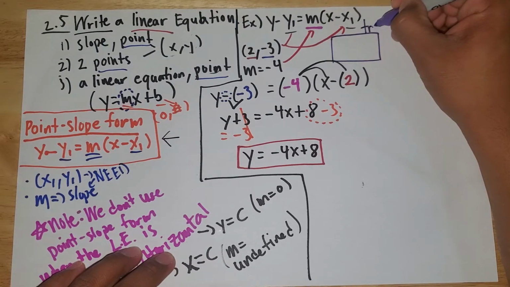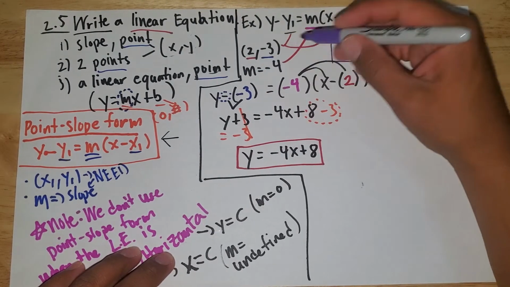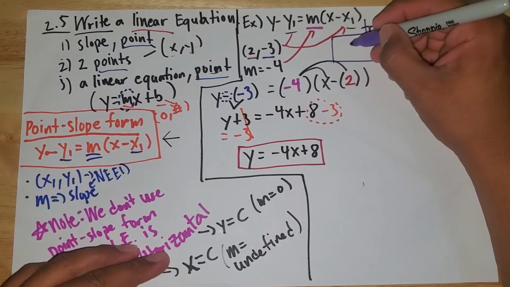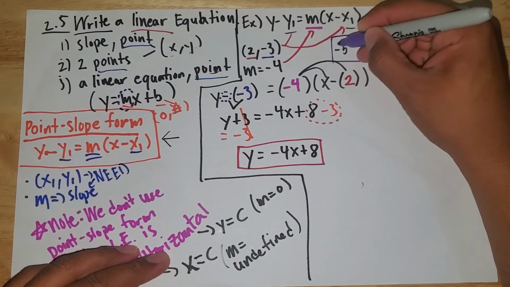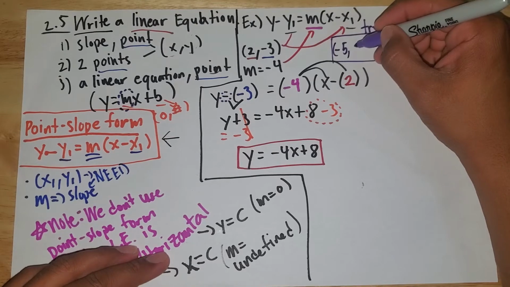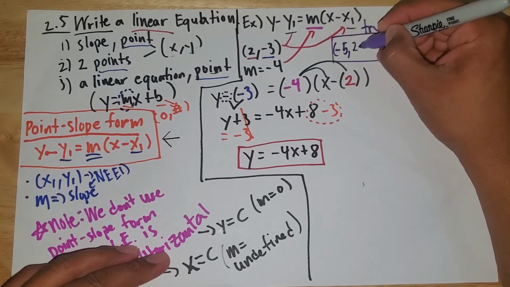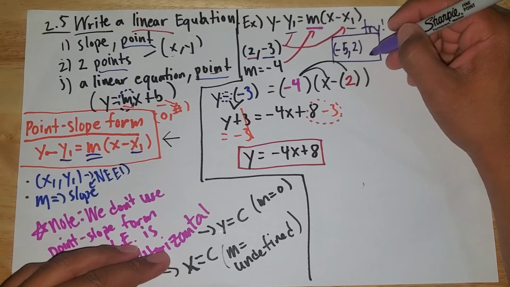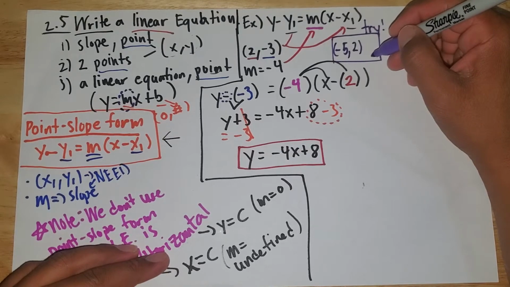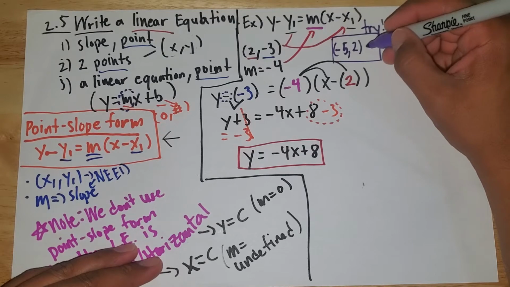This is try. That would be try with -5 for the x, 2 for the y, and then our slope is -3.